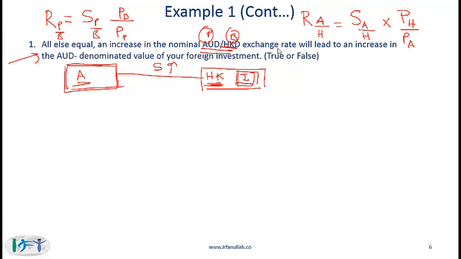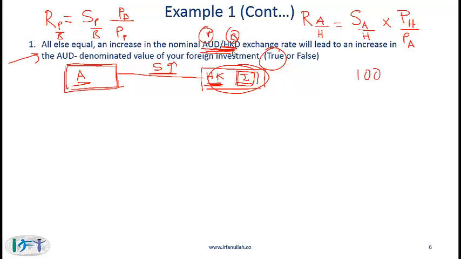And this is true because all else is equal, which implies here that let's say that the value in terms of Hong Kong dollars is the same. Let's say that value is 100. If the exchange rate goes up, and notice exchange rate goes up means that the base currency, which is Hong Kong dollars, that currency becomes stronger.